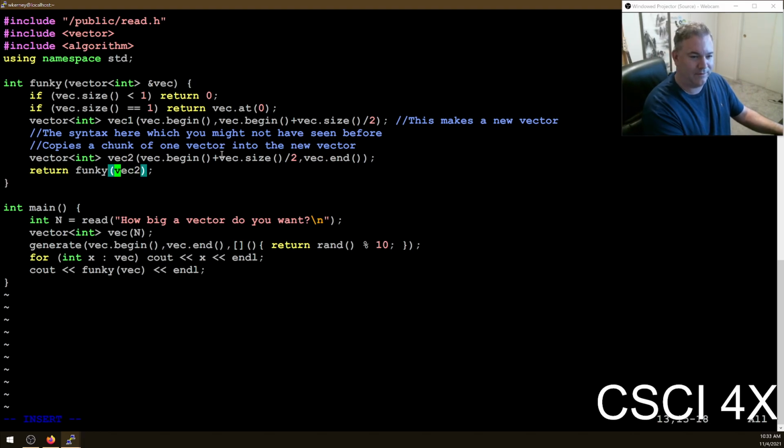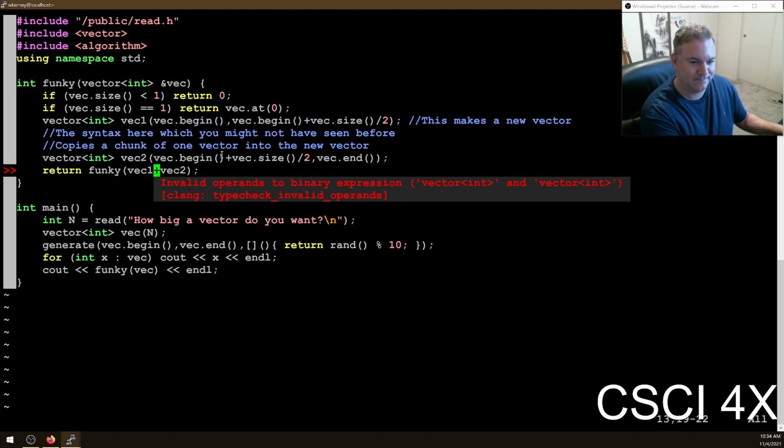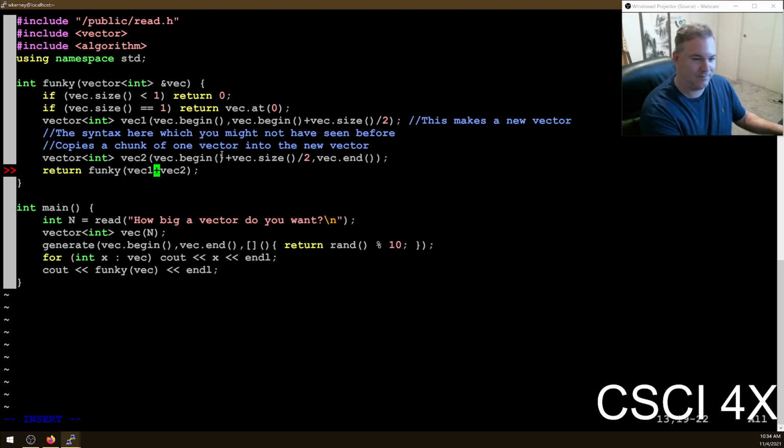Vector 1 plus vector 2? Like that? Does that compile? No. Nope, that's not doable. You can't add two vectors together. What should we do here? Yes, very good.